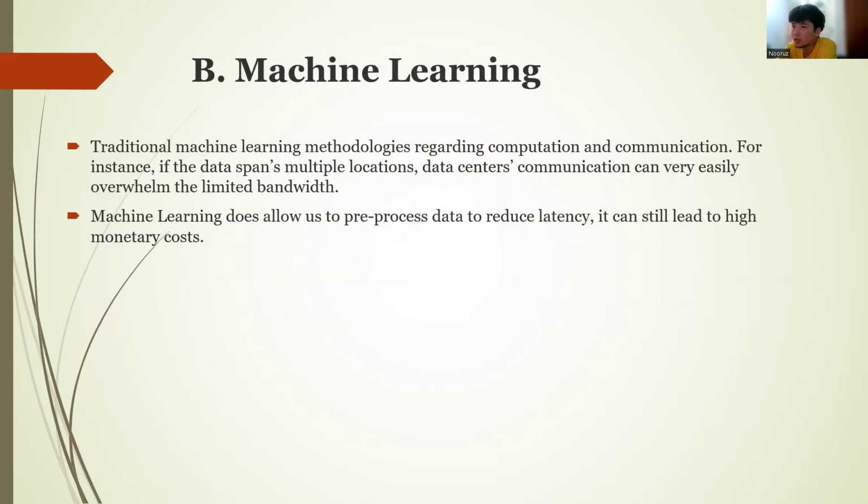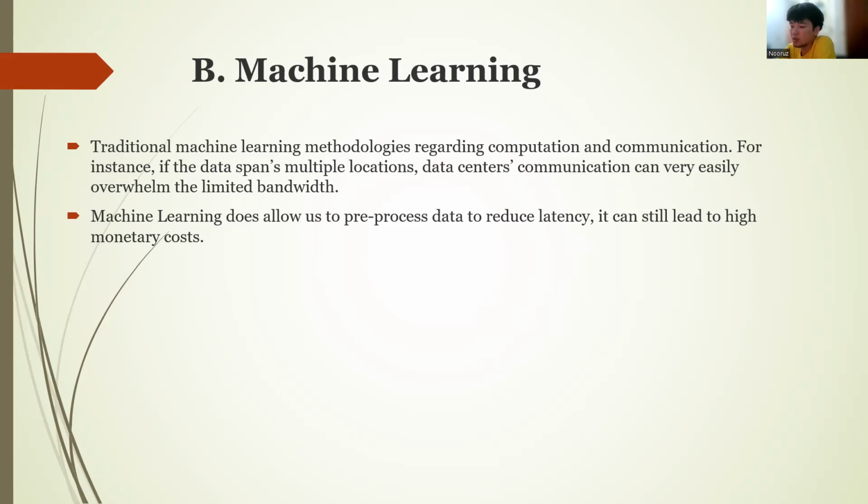Next is machine learning. The article discusses how cost and latency still plague traditional machine learning methods. Both problems are difficult to solve because the data itself is highly distributed.